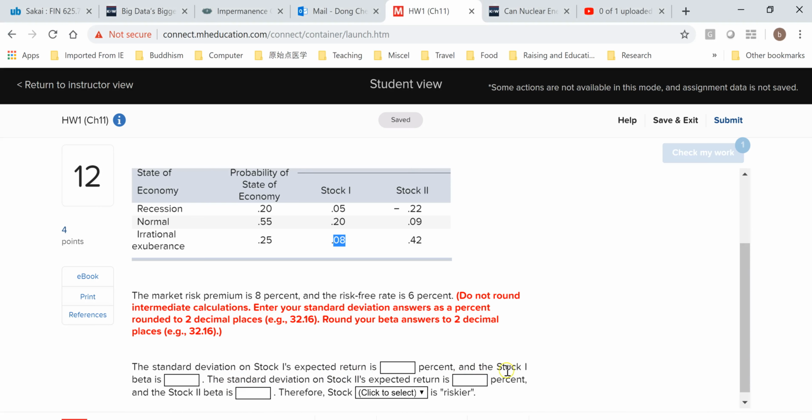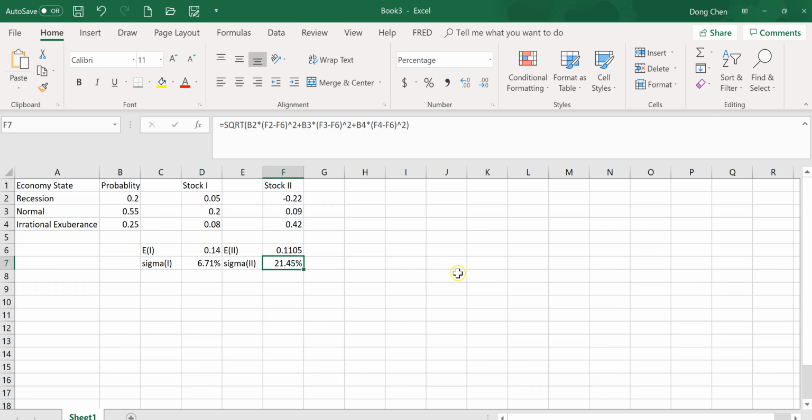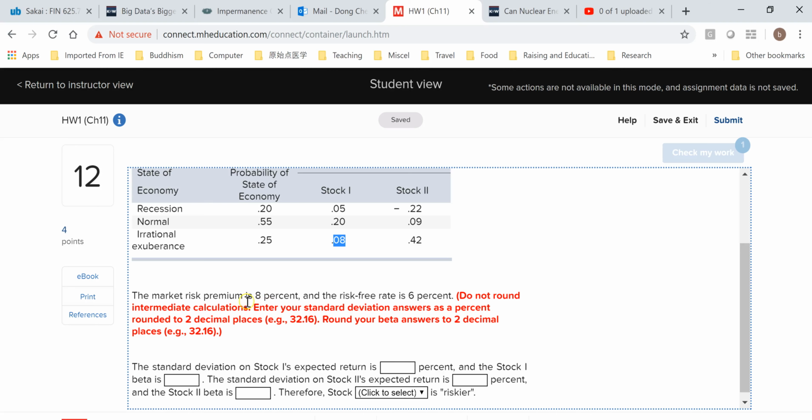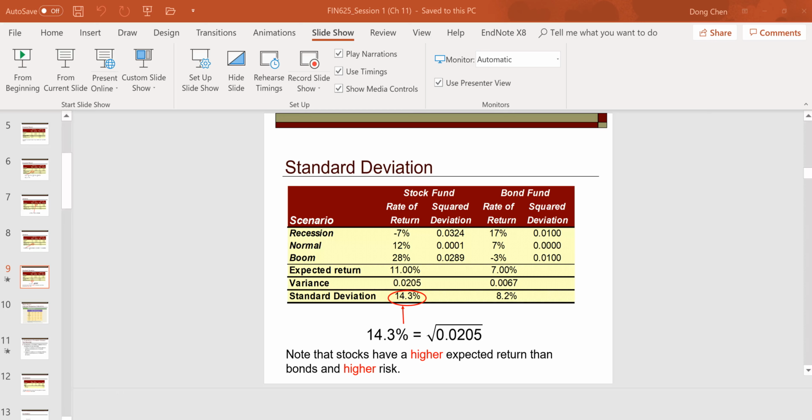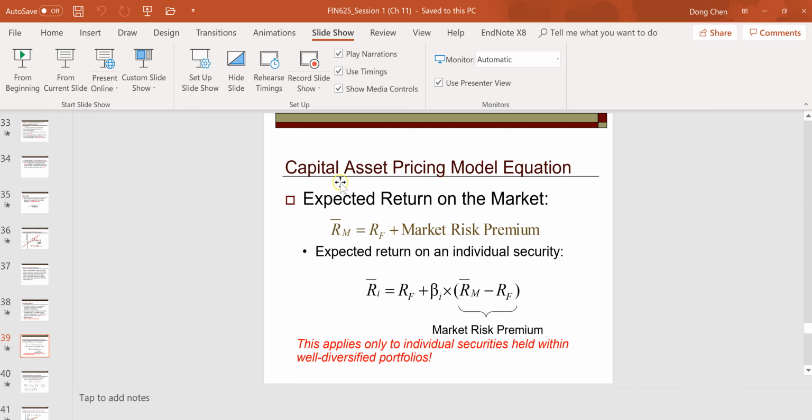But the question is also asking what the beta is for both stocks. How can we figure out the beta? We figured out the expected return, and the question setup also provides the market risk premium and the risk-free rate. If we go back to my lecture slides, we can find the capital asset pricing model equation: the expected return of an individual asset equals the risk-free rate plus beta times the market risk premium.